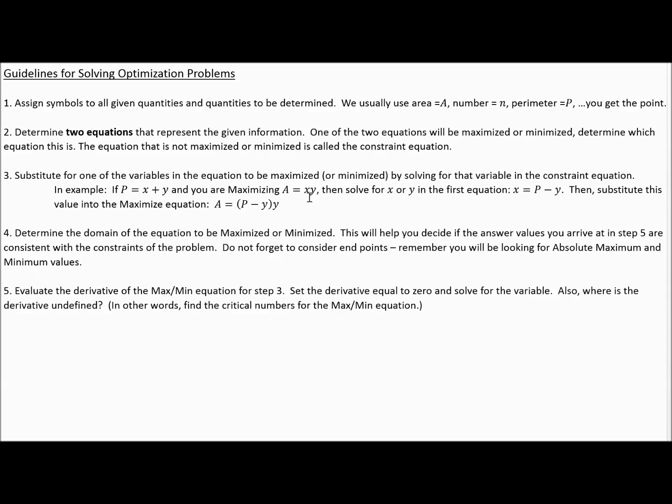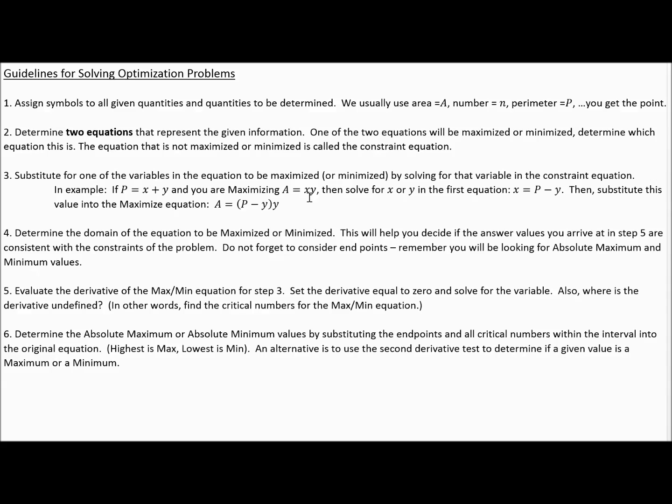You take the derivative, you find the critical numbers. Critical numbers come from setting the derivative equal to 0 or where it's undefined, and then you take those values along with the endpoints, plug them into the original function. The biggest value is your absolute max, the smallest value is your absolute min.